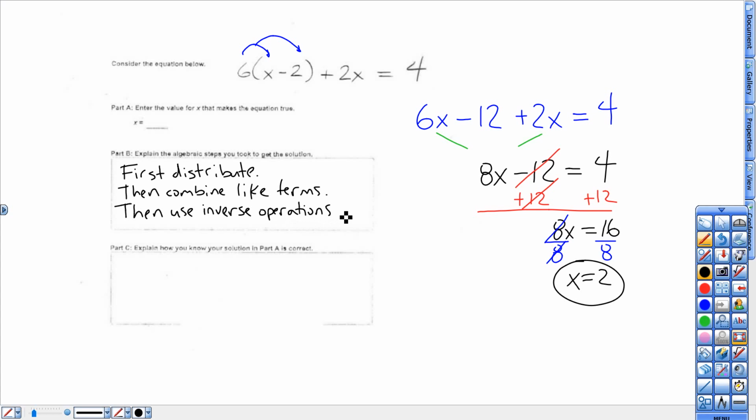For you explaining how you know, I want you to say that I plugged it in and checked it. But I want to see you take that answer, plug it in, and check it. So if I checked it, wherever there's an x, I'm going to put that 2, because that's my answer.